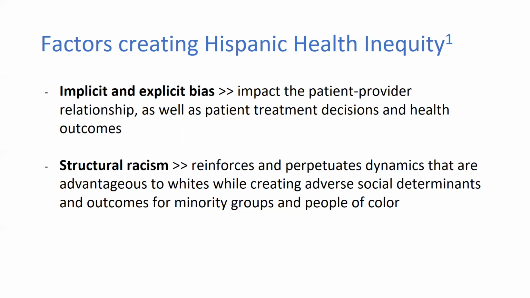What this does is reinforce and perpetuate these dynamics that are advantageous to white populations and meanwhile are creating adverse social determinants and outcomes for minority groups and people of color, including Hispanic populations.